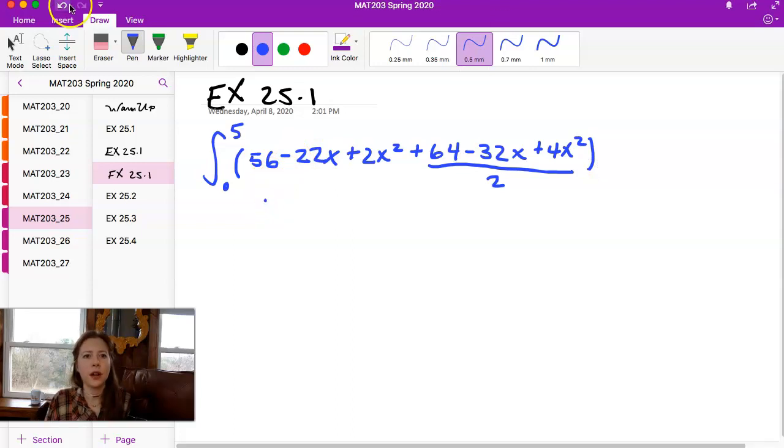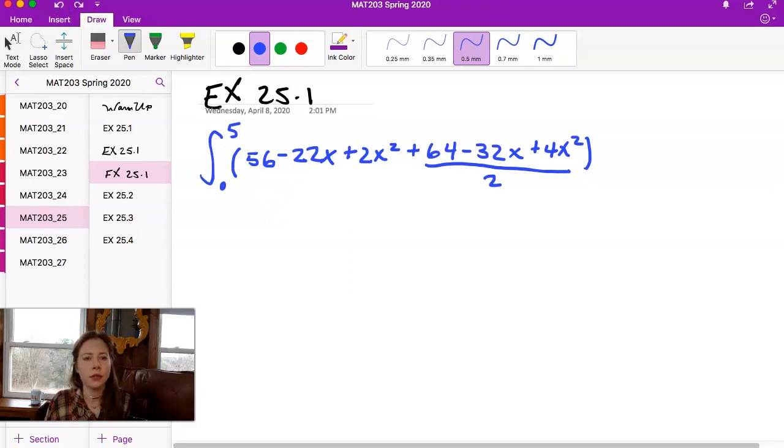Oh, sorry, I was copying down the wrong line. Let me just erase that.